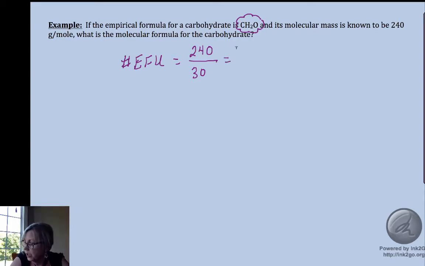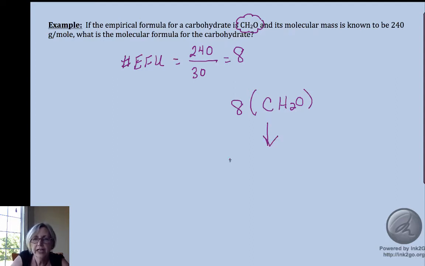It's 30.03, but this is going to be close enough, and that's 8. So that means I need 8 of these empirical formula units to give me my final molecule.